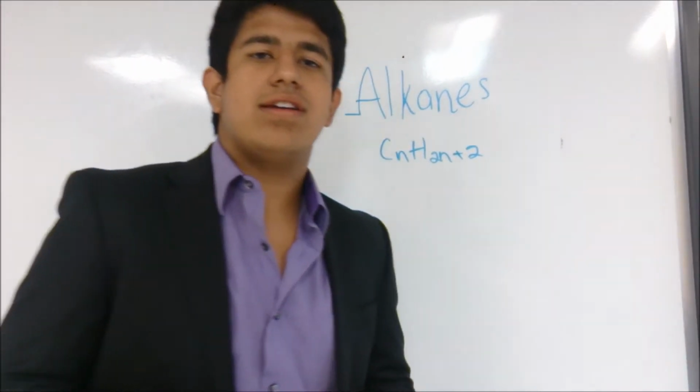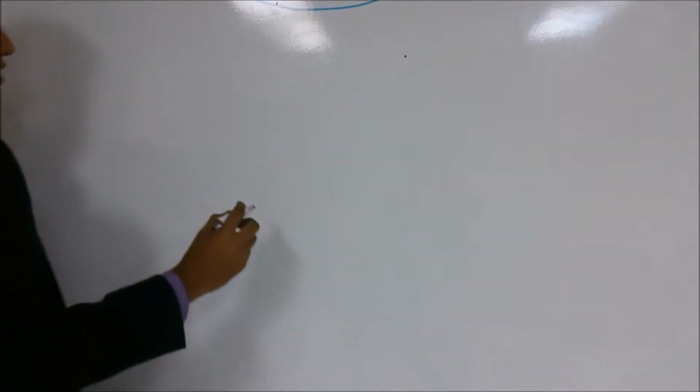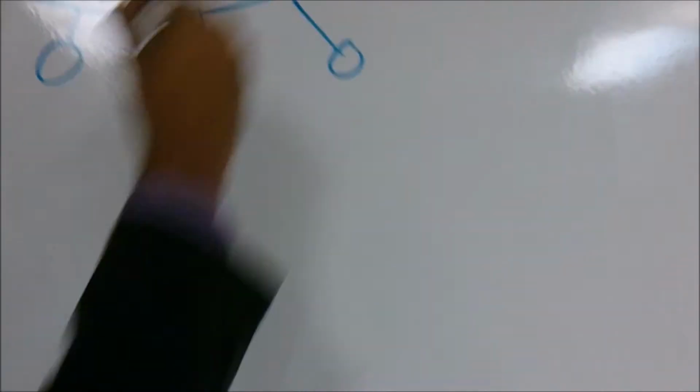My name is Diego Marquez, and now I'm going to talk about alkanes. In order to understand this topic, first we need to think that our hydrocarbons are a bracelet, and then every bracelet has some rods attached to it.